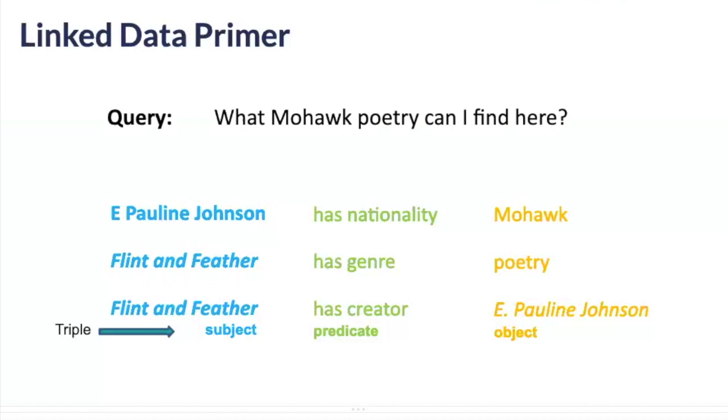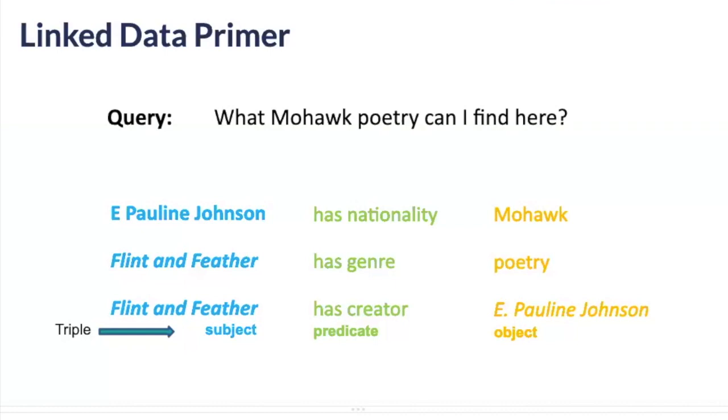And if there are a number of poets who have nationality Mohawk, the computer could infer, oh, well, find me people who have the nationality Mohawk, and if our logic has been set up correctly, then as long as one of their publications, down here at the bottom, has genre poetry, it'll be possible to answer this question. So linked data lets us ask these kinds of questions without having to know in advance what the answer is.